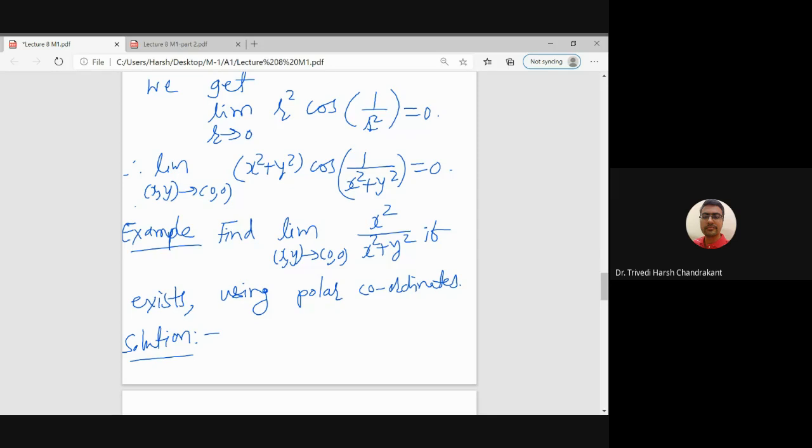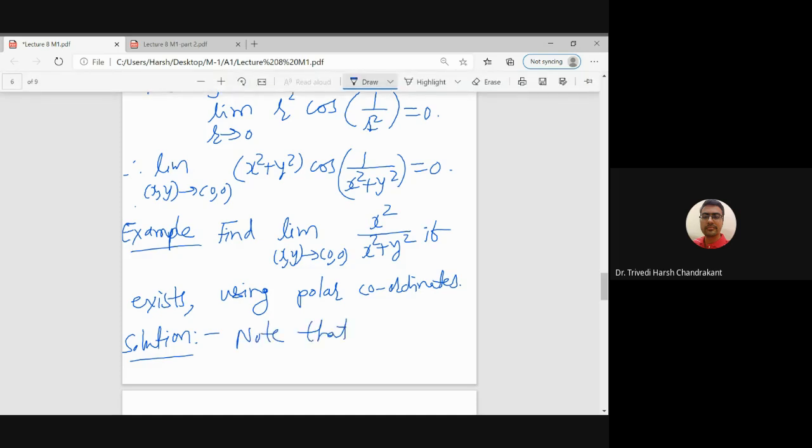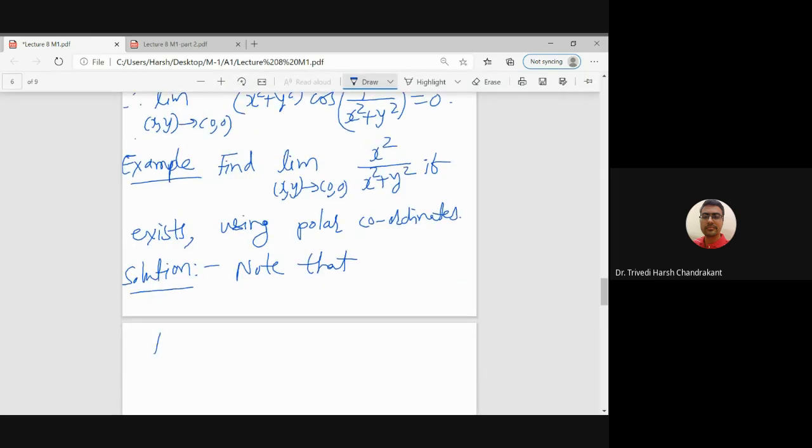And we know how to find a limit in the one variable case. So let us first do this procedure. So note that our function is the limit as (x,y) approaches (0,0) of x² divided by x² + y².